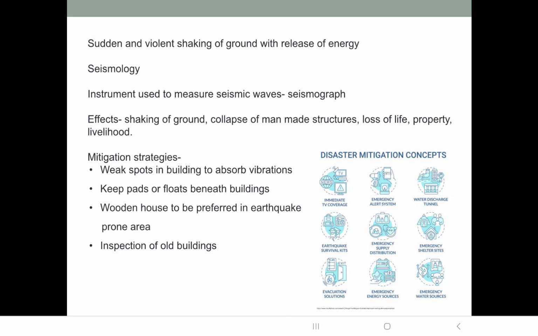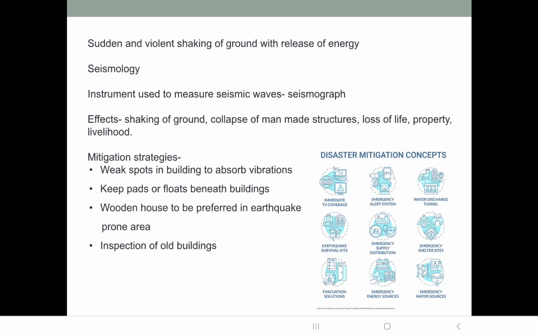Their teams have to be informed about the disaster. Water discharge tunnels have to be kept safe. If these are broken, then people living in the adjacent area might not get water. There have to be earthquake survival kits given.